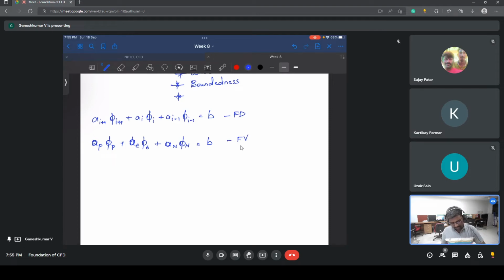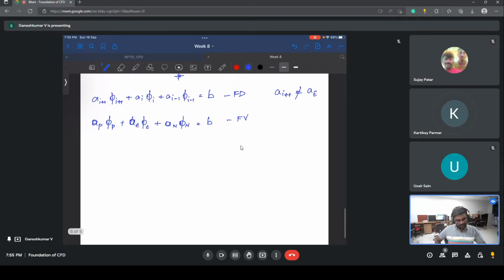If you do it like this, a_{i+1} will not necessarily be equal to a_east. There will be a difference in the coefficients, but mostly it will be in terms of ratios, and you can identify it from the coefficients.